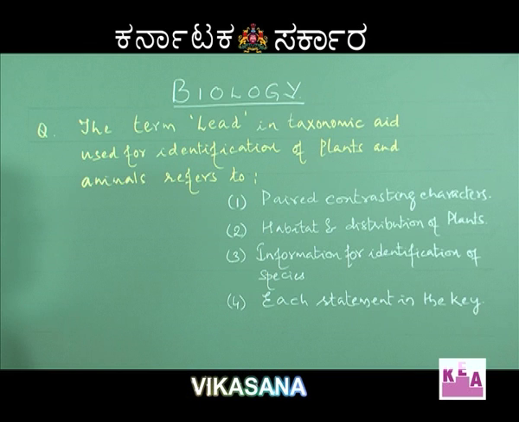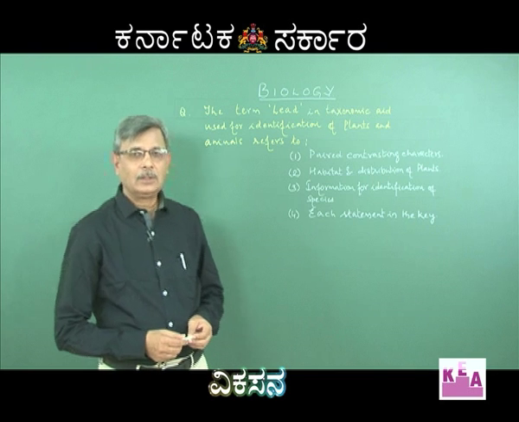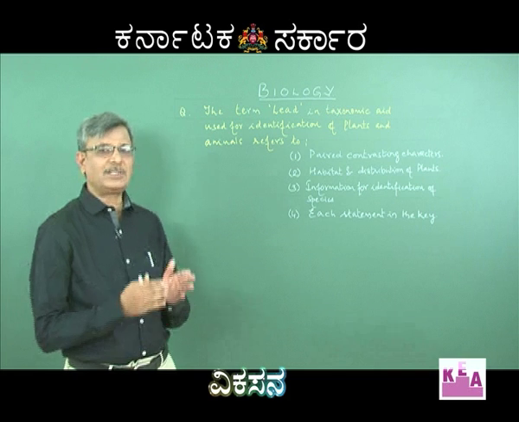Option 1, paired contrasting characters. Option 2, habitat and distribution of plants. Option 3, information for identification of species. Option 4, each statement in the key. So, remember what is the key?